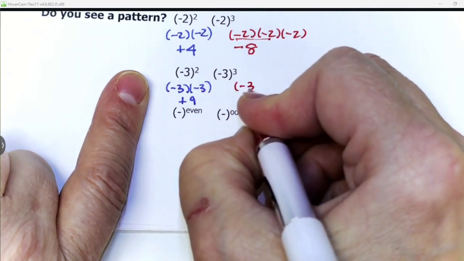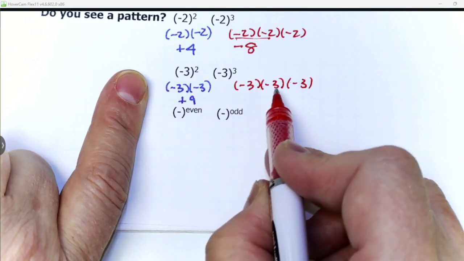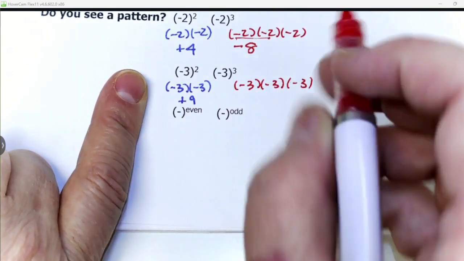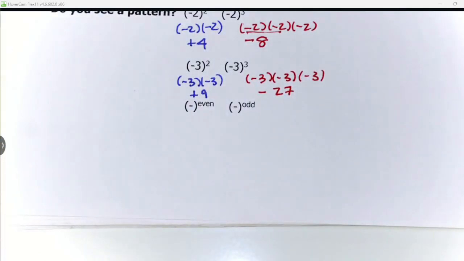Negative 3 cubed is 3 negative 3's in a row. A negative times a negative is a positive. A positive times the third negative is a negative 27. So what you can see is that the 2 that we squared turned out positive. The 2 that we cubed turned out negative.